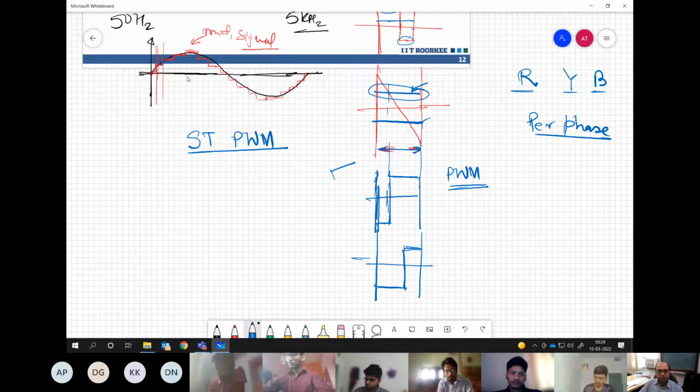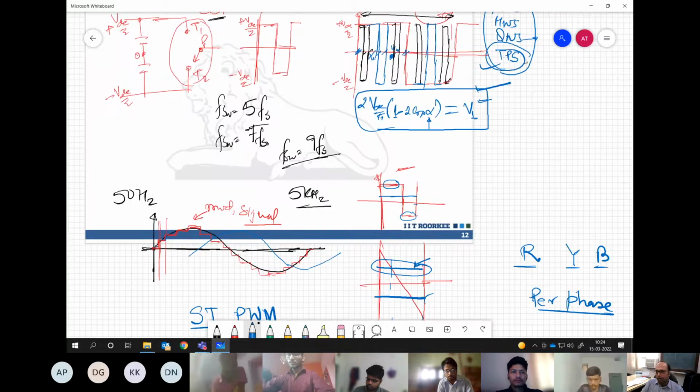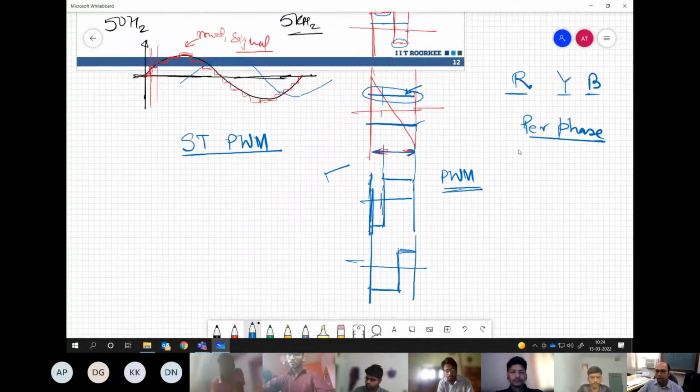Of course, here the modulating signals are 120 degree shifted, and here the waveform itself is shifted by 120 degree to maintain three-phase symmetry. But what we are doing basically is realizing the voltage for R alone, Y alone and B alone, and by maintaining the 120 degree shift, we are maintaining the three-phase symmetry. You understand the point here?